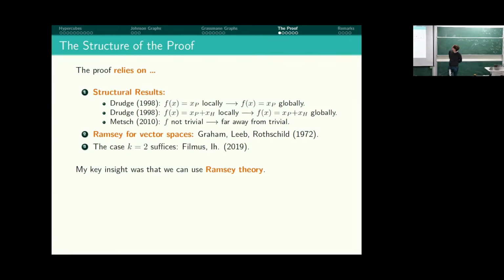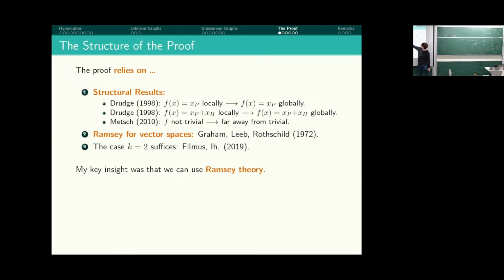The proof relies on 3 things. First of all, you have old structural results found by people in finite geometry who care about these problems, which is, you can look at some subspace of your vector space, and if your function locally looks like that example which only depends on one space, then you can show that your function must be globally like that.